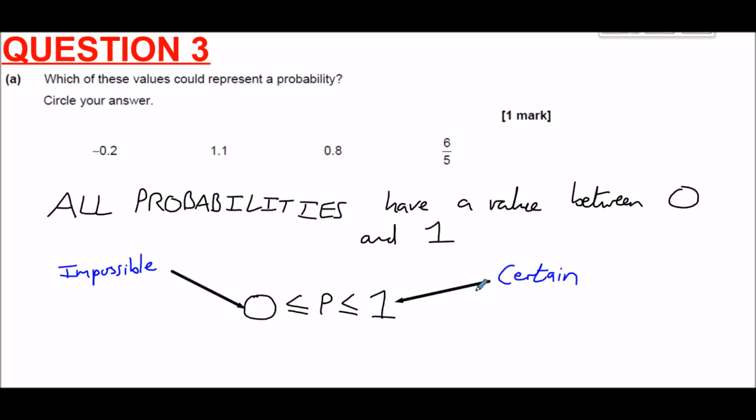Or this one, certain, for example, the day after Friday will be Saturday, something like that. And I've mentioned this because only one of these numbers is between 0 and 1. So only one of these numbers can represent a probability. So that's just worth highlighting. Have a look which number it is, see if you can spot it before I mention it.